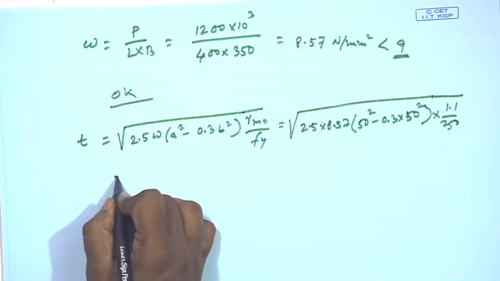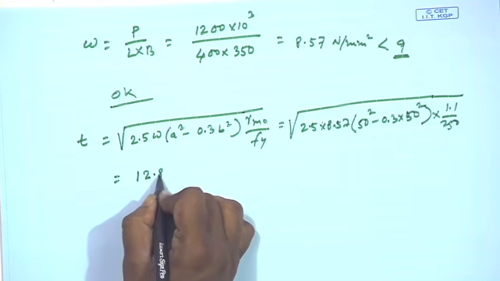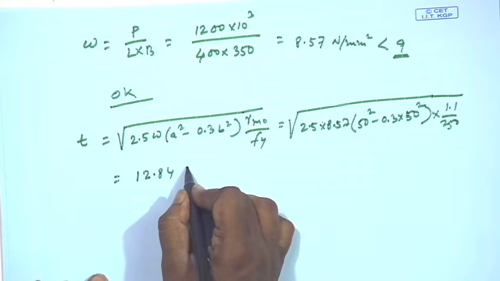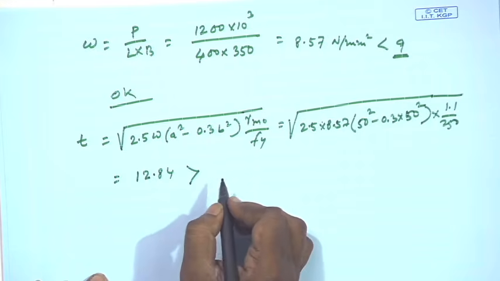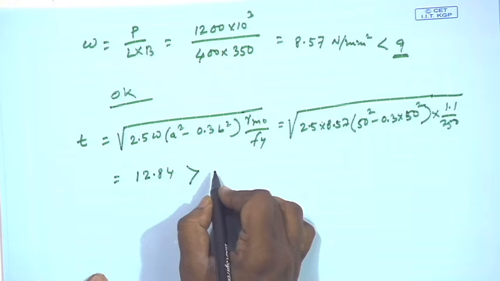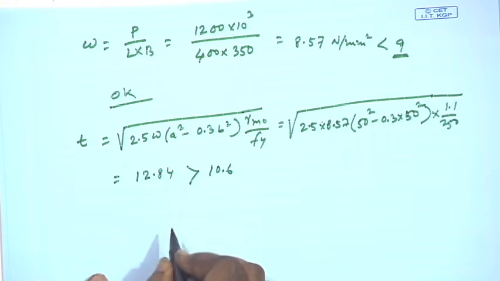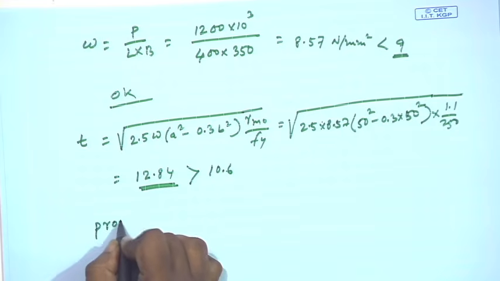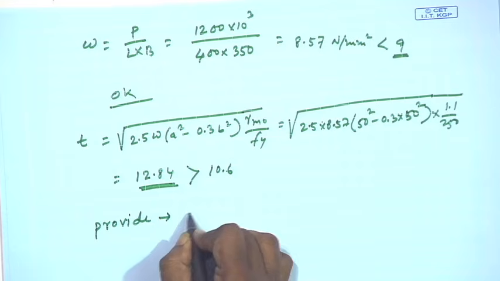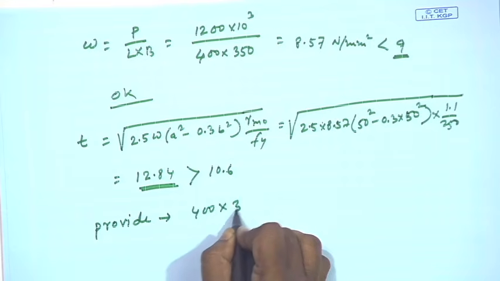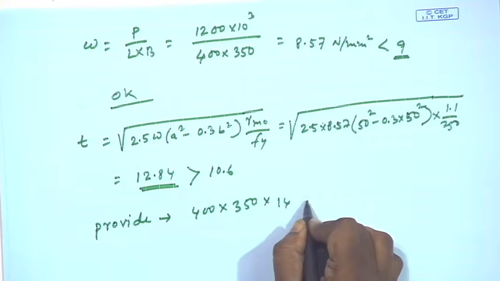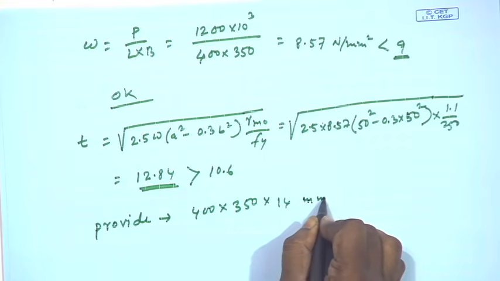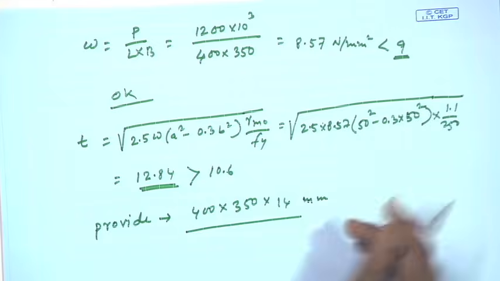So, from this we can find out 12.84, which is greater than the flange thickness of the compression member, that is 10.6. So, this 12.84 is okay. So, we can provide a base plate size as 400 by 350 by say 14 mm. Okay, so base plate size, this is how we can decide, that is 400 by 350 by 14.